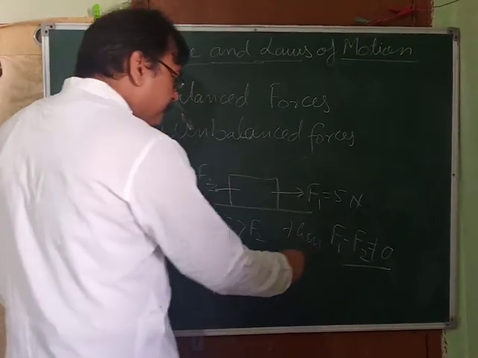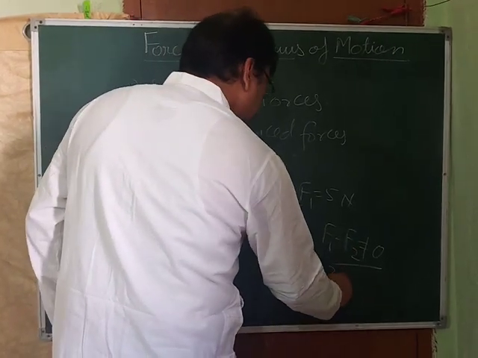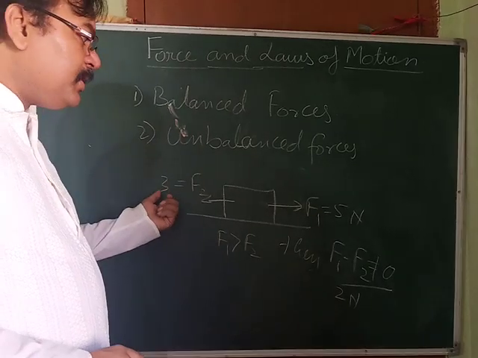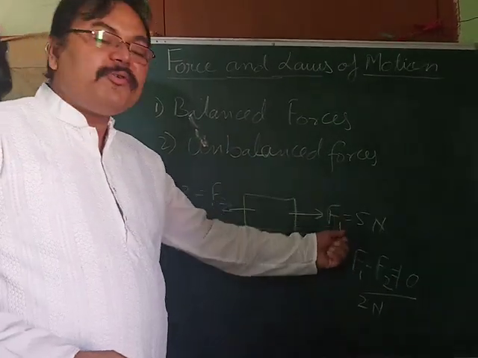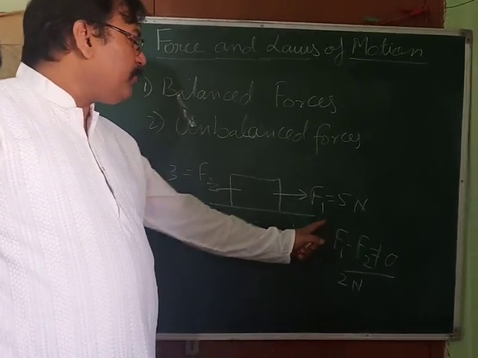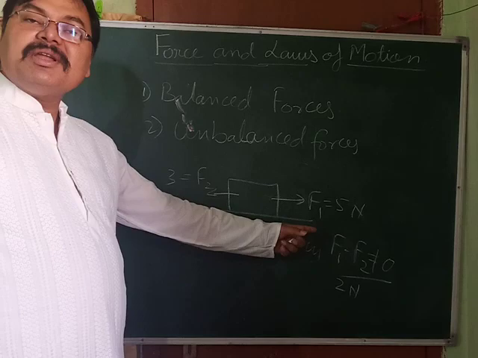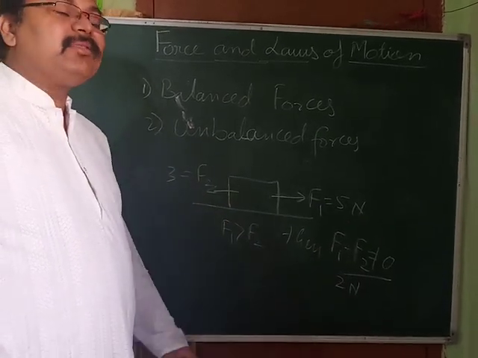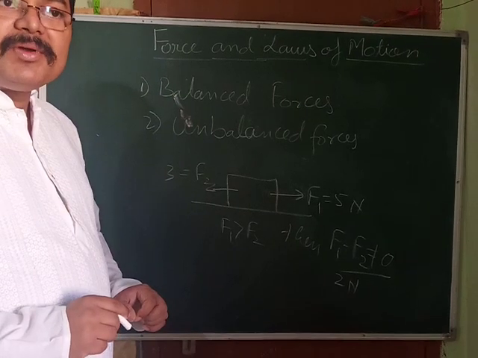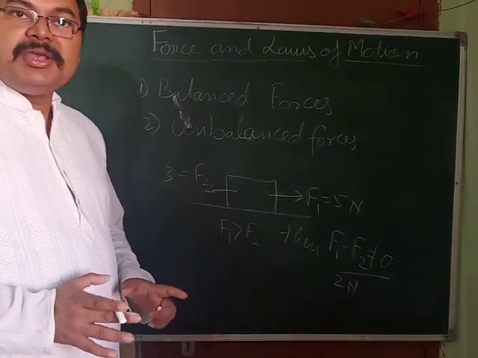What is the difference? That is 2 Newton. That means F2, which is 3 Newton, will be able to balance only 3 Newton out of F1. So how much force is left? It is 2 Newton in that direction. And that 2 Newton is called net force acting on the body, or you can say that is called unbalanced force acting on the body.